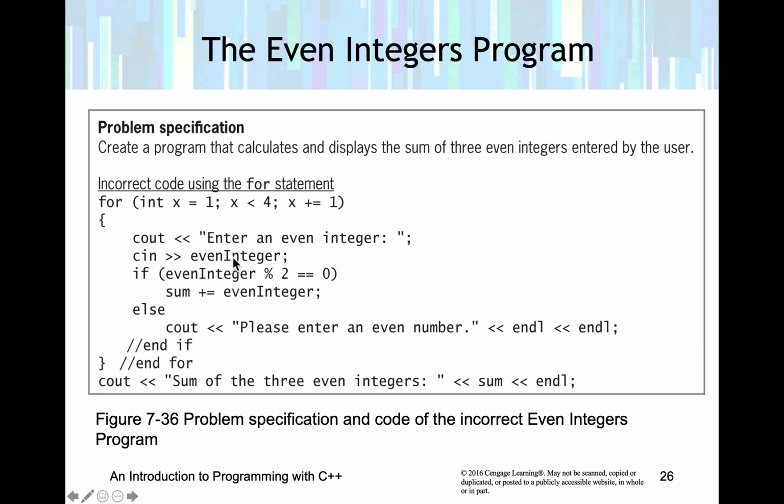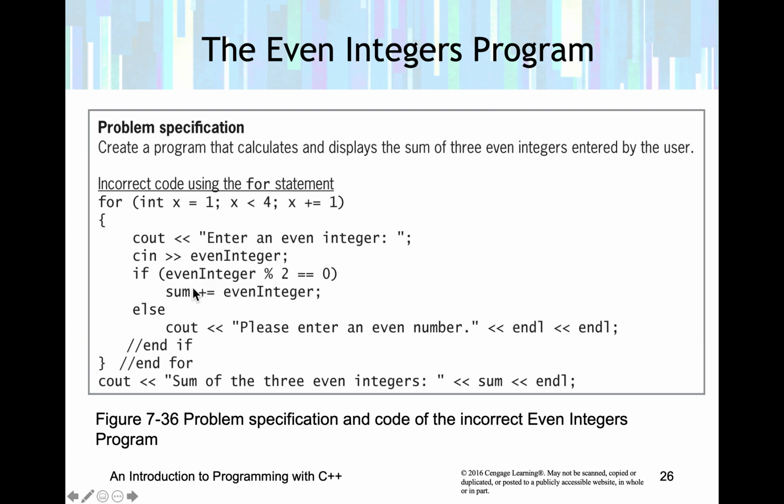But inside the loop, they're checking to see if the user entered valid data. So when they ask them to enter an even integer, if they entered a 4, 4 modulus 2, the way that modulus works is that it divides 4 by 2. It doesn't have a remainder. Remainder is 0, so it's even. But if you have 5 modulus 2, remainder is 1, so it's not an even number if you enter 5.